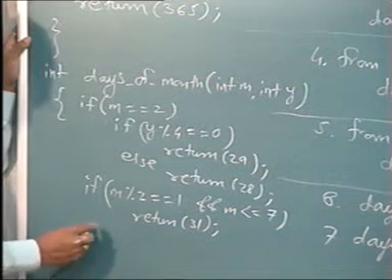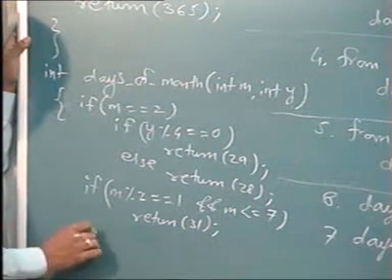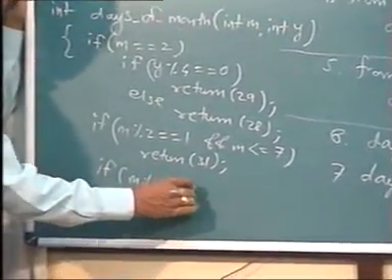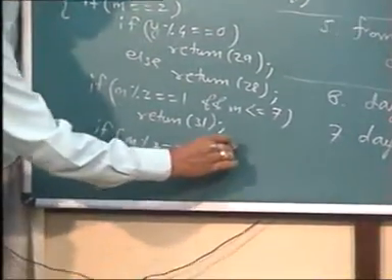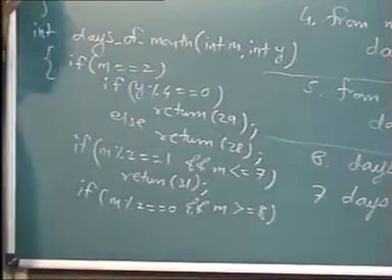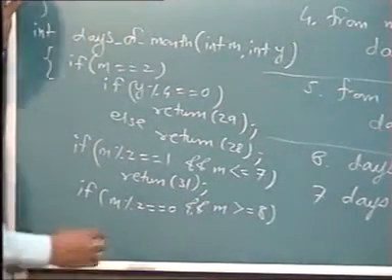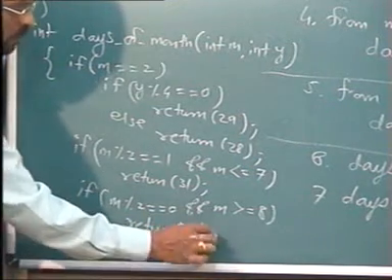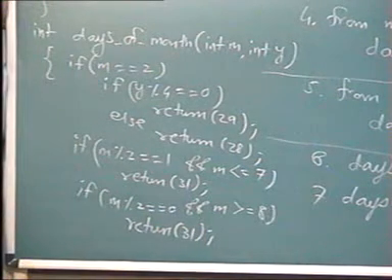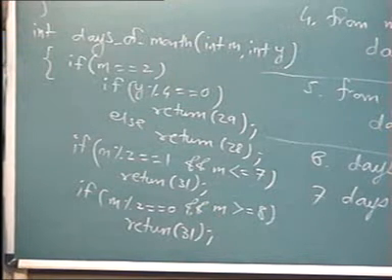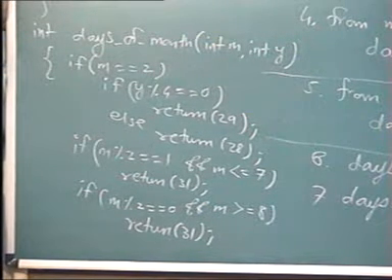If m%2 is equal to 0 and m greater than or equal to 8, return 31. August, October, December. What will be the next condition?